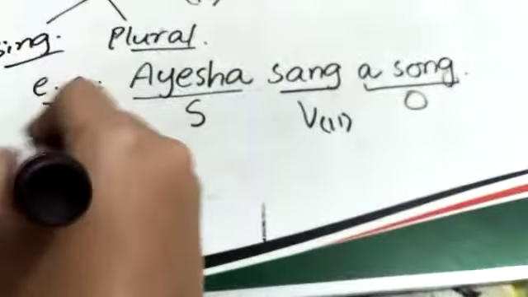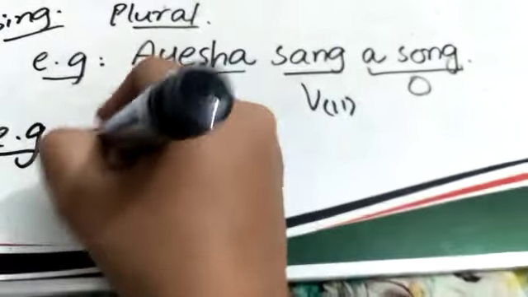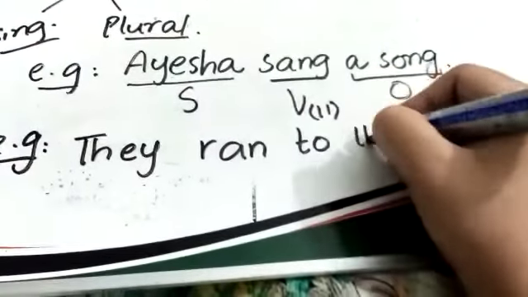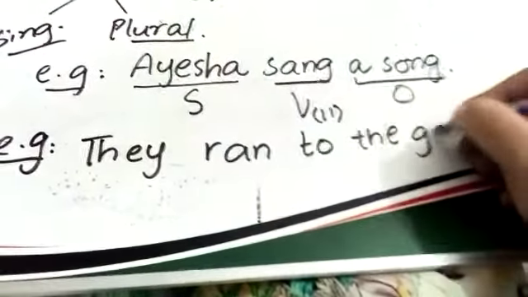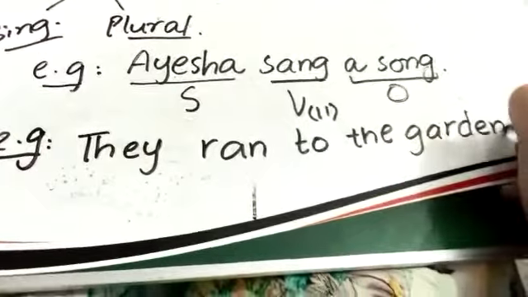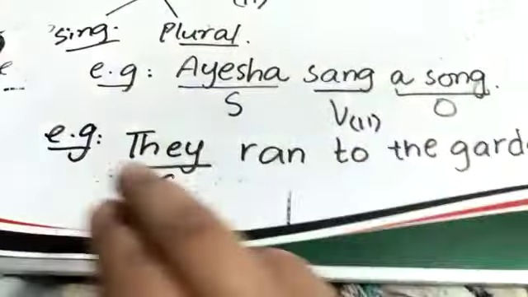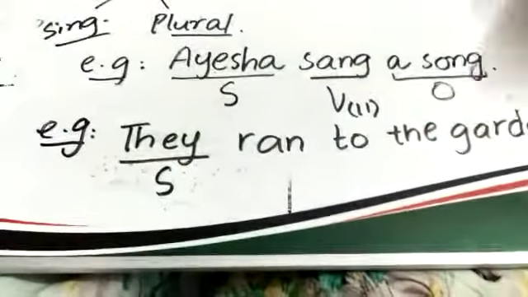Another example, if we have a plural subject: they ran to the garden. They is a subject which is plural, the subject is about more than two people.